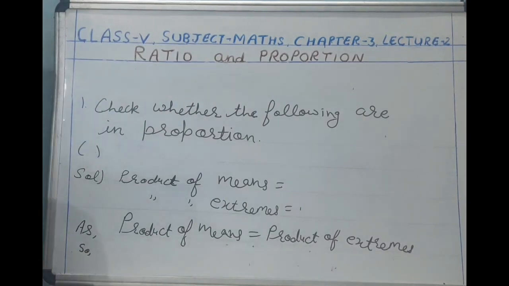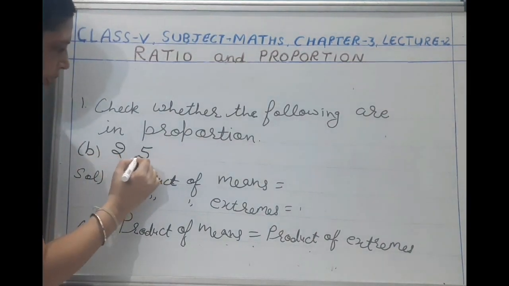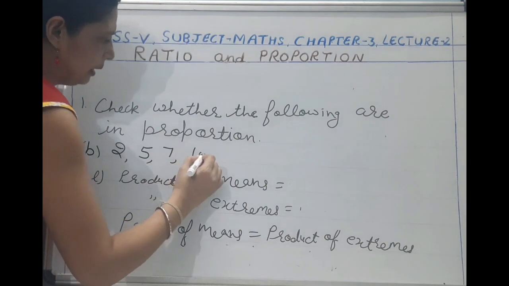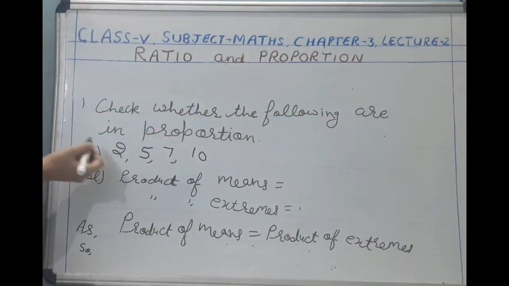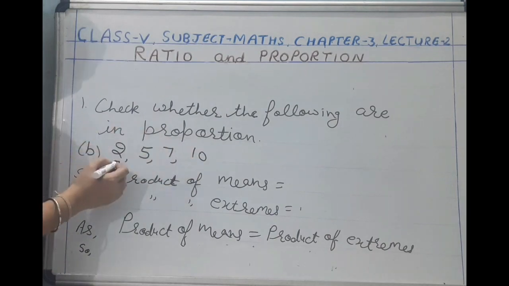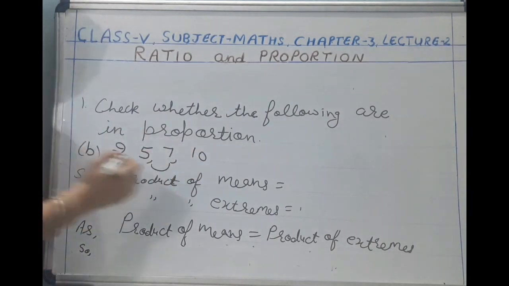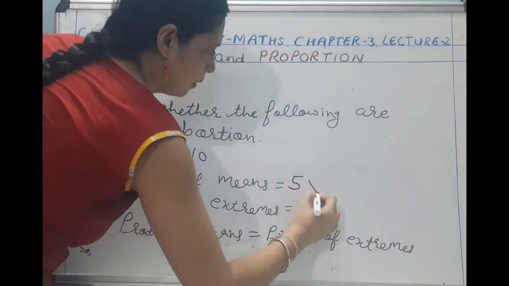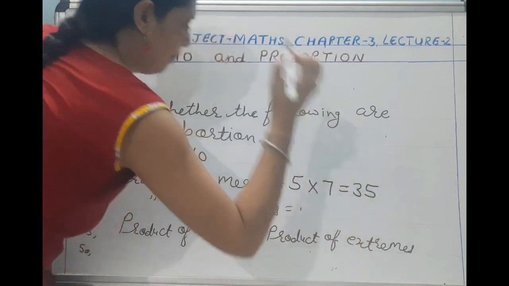Now we will take B part. 2, 5, 7 and 10. Check whether the following are in proportion. 2, 5, 7, 10. So first of all, product of means 5 into 7. 5 sevens are 35.